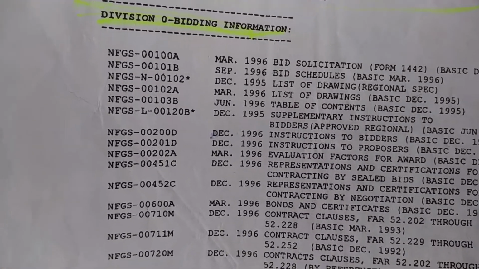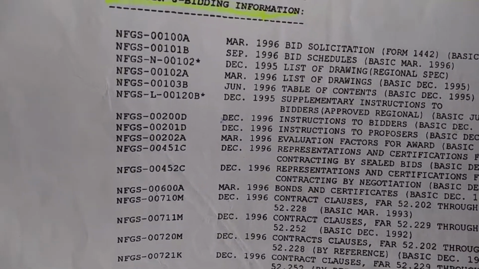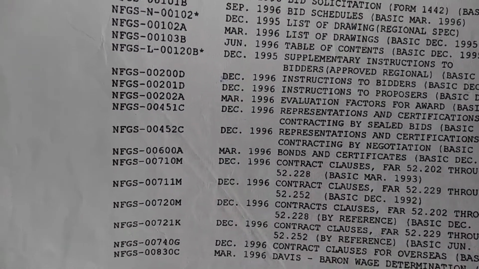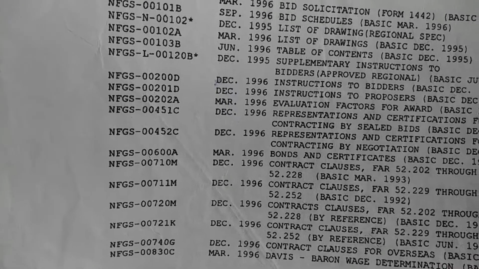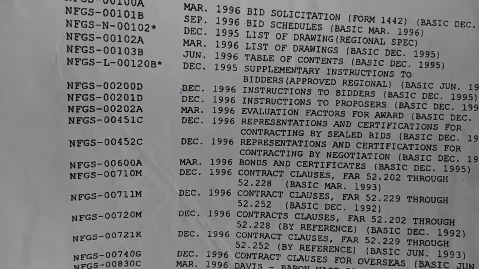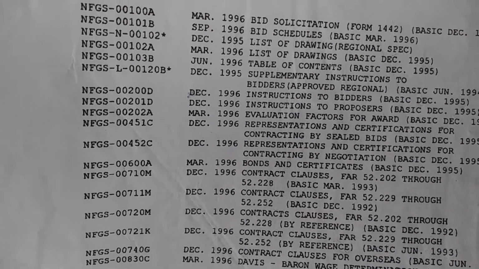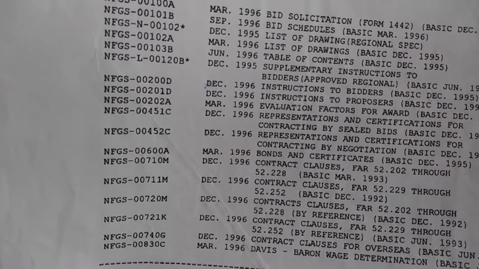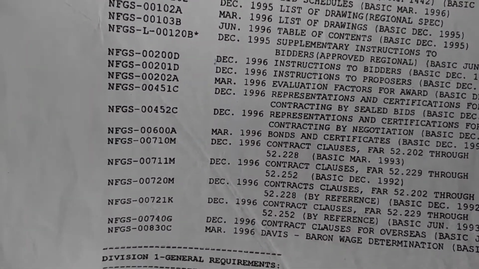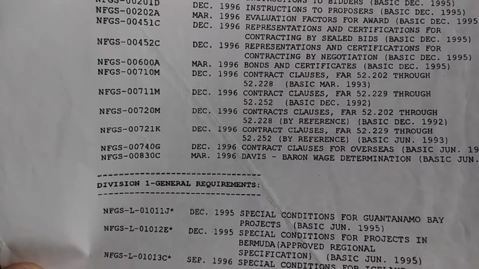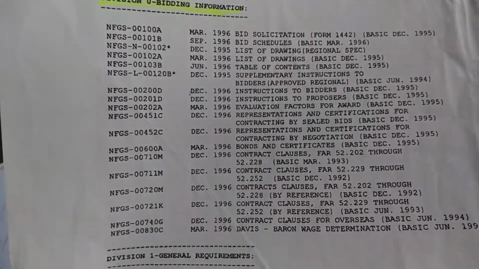You have bid solicitation, bid schedules, listed drawings, table of contents, supplementary instructions to bidders, evaluation factors and awards, representations, certifications, sealed bids, contract negotiation, bond certificates, contract clauses of the FARs, and also the Davis-Bacon Wage Determination Act. Those are the Navy binding informations.